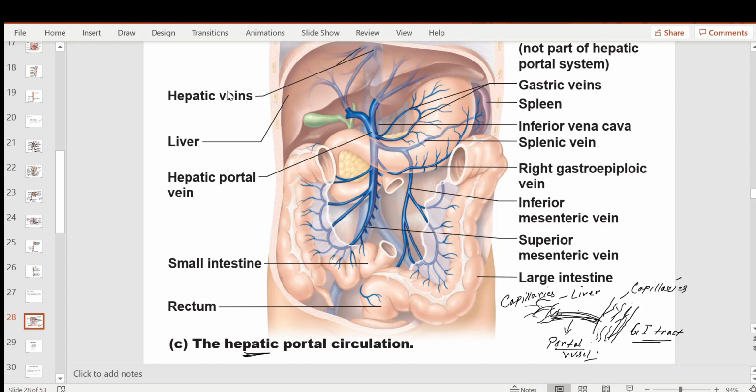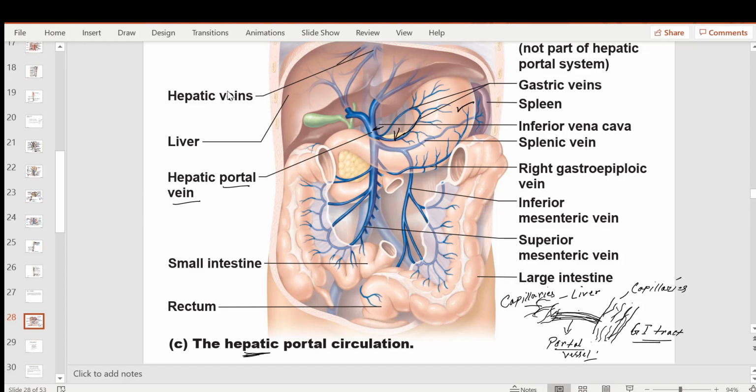Okay, so let's see here. This is the stomach. So from the stomach, the gastric vein, you see this one, gives blood to the portal vein, hepatic portal vein.